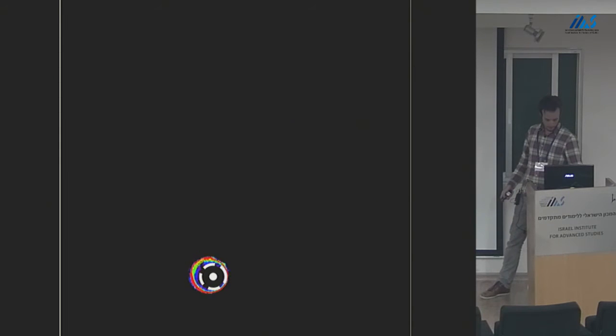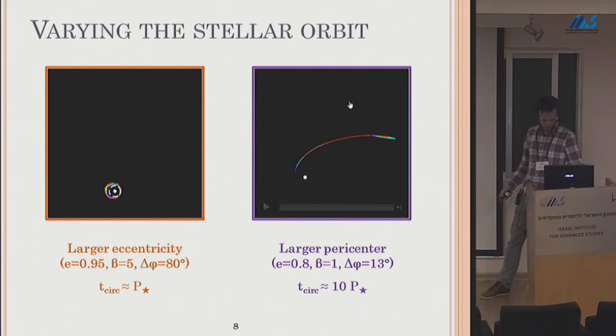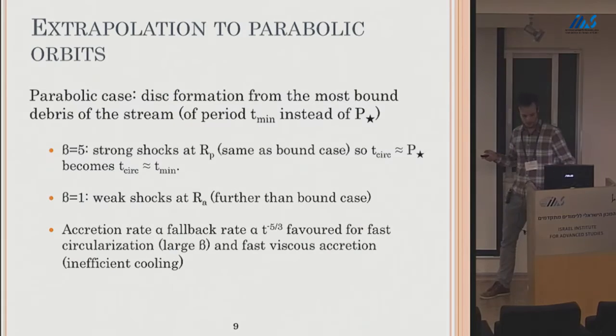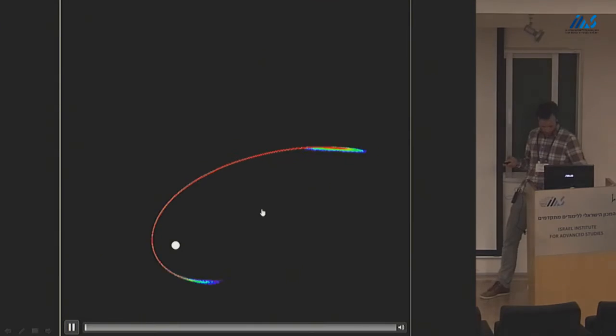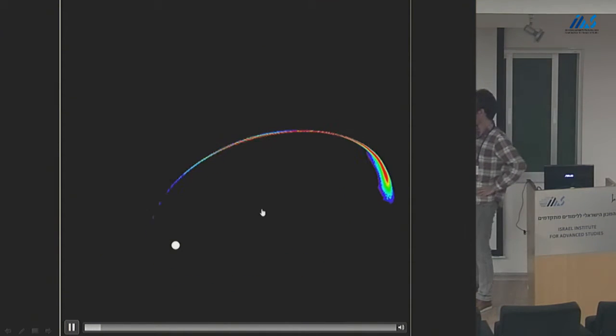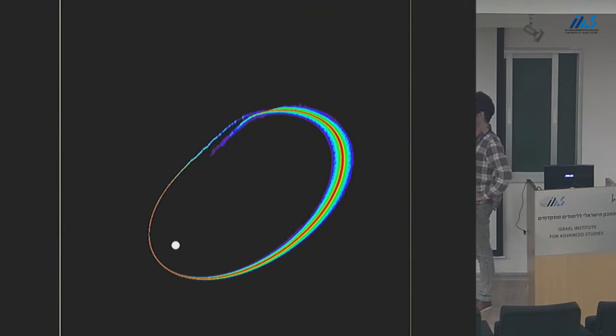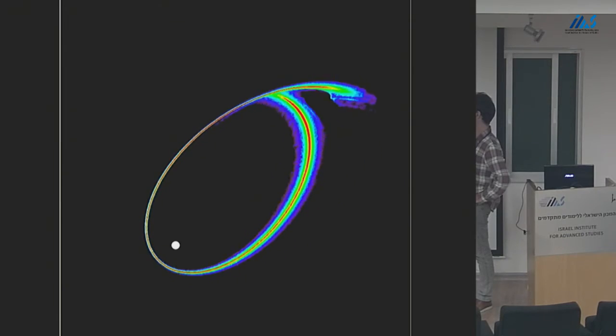And now if I do the other game of increasing the pericenter distance, here instead the apsidal precession angle is changed and it decreases from about 90 degrees to 10 degrees.